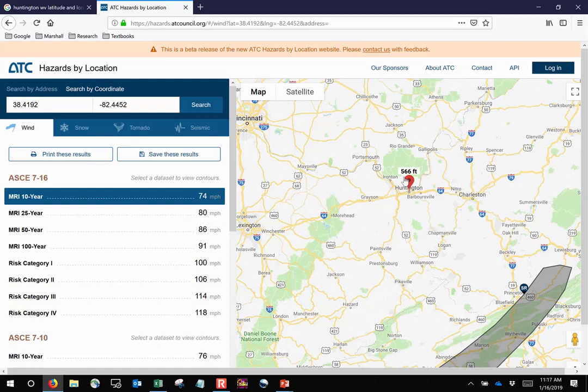Now, just so you're aware of what we're seeing here, there's a series of wind speeds being reported. The first four are called MRI: 10-year, 25-year, 50-year, 100-year. MRI stands for mean recurrence interval. You can think of this like the 100-year flood, 50-year flood.